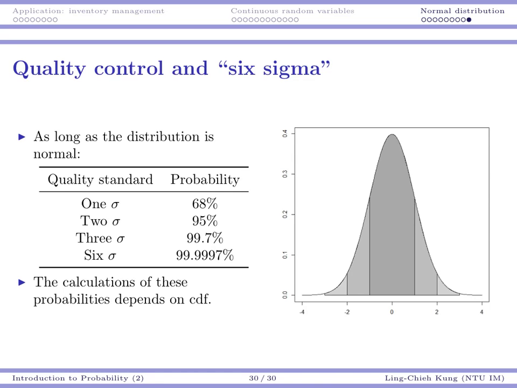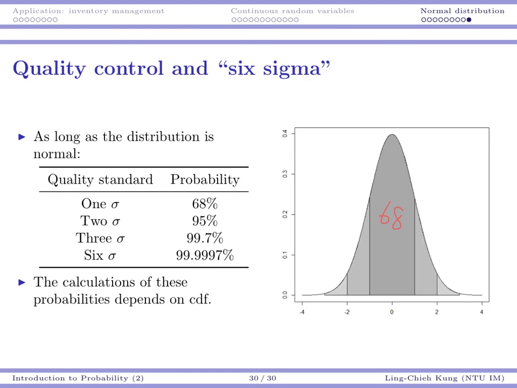So in practice, if we are talking about, for example, production or manufacturing, there is something called quality control and a rule called 6 sigma. You probably have learned it in operations management, or if you haven't, then you will in the future. But anyway, as long as the distribution is normal, we have the following properties. The probability for a value to be within 1 sigma from the mean is 68%.